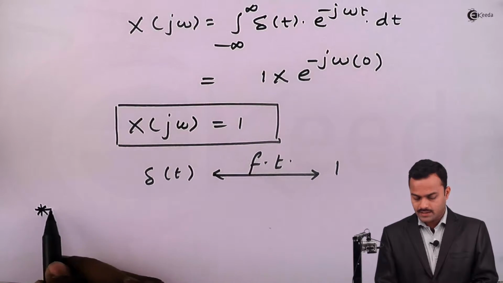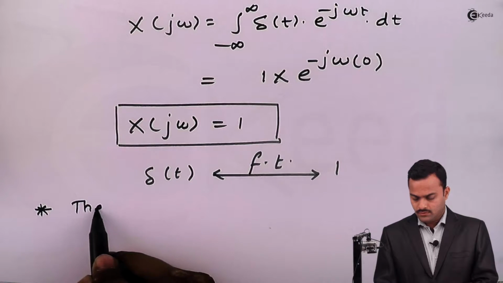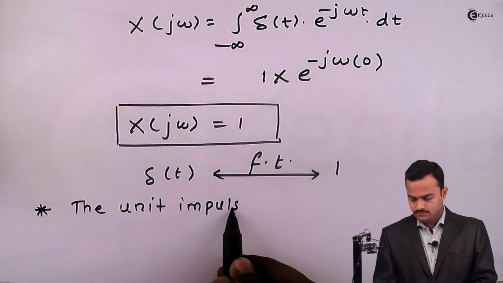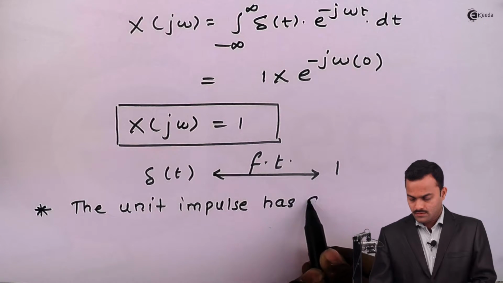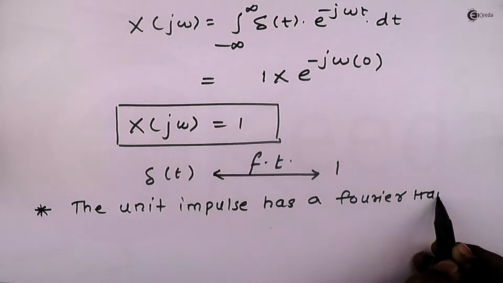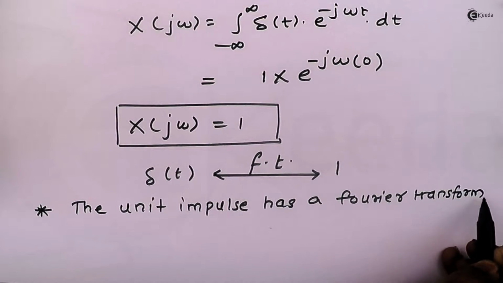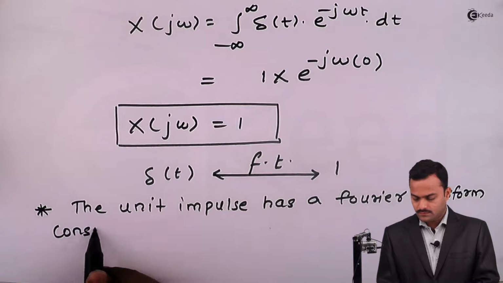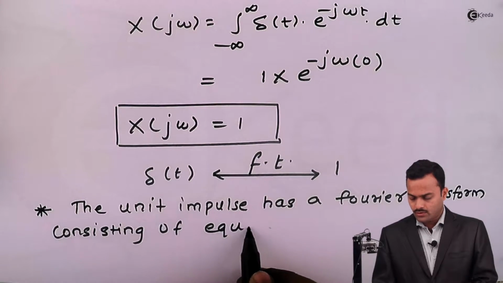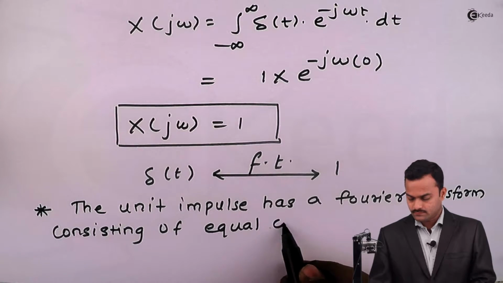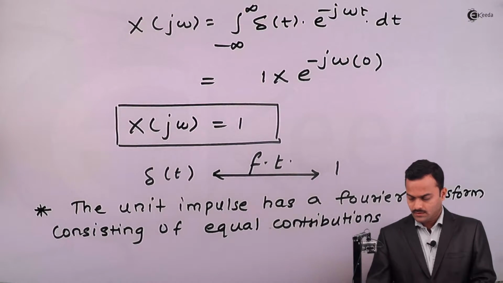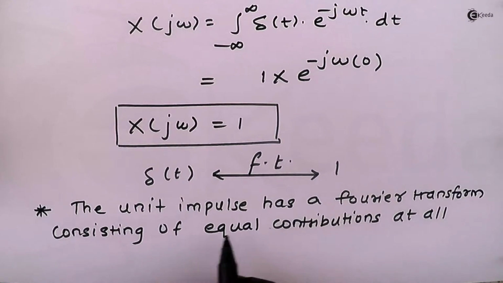So what comment I can write over here: the unit impulse has a Fourier transform consisting of equal contributions, meaning having a value 1, at all frequencies.